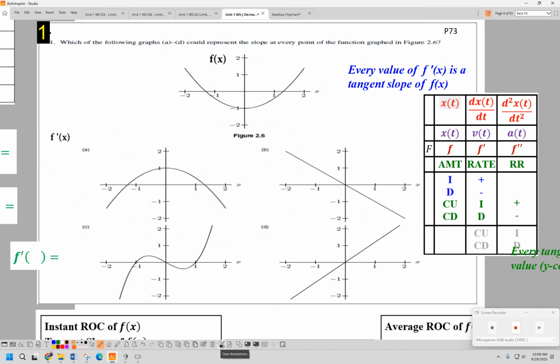So we said that if you looked at each slope of f, so you're no longer looking at the points of f. Like the points of f, they decrease for a while, and then the points on f, the y values, they increase.